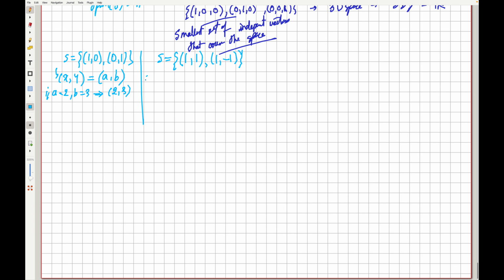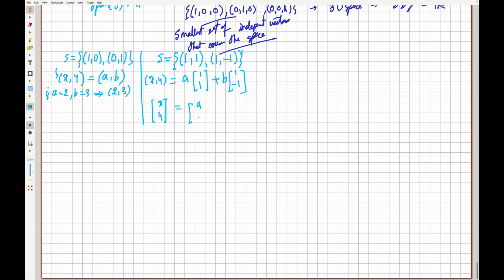So this x y in this case is going to be equal to a times this 1 1, and let's say b times 1 minus 1. Note that when I say x y, I'm essentially thinking of this vector x y.